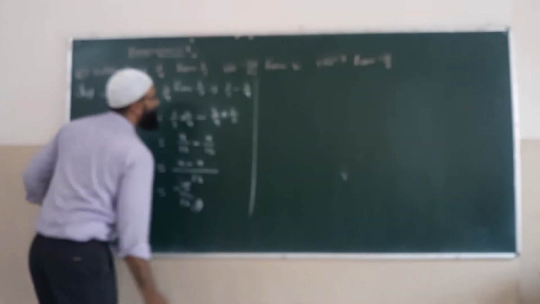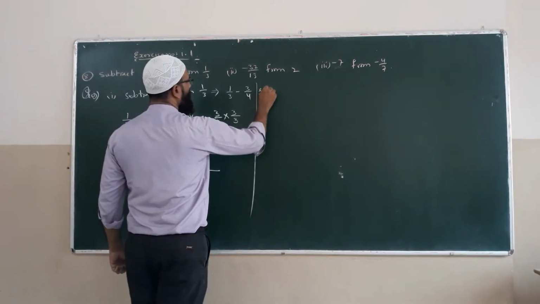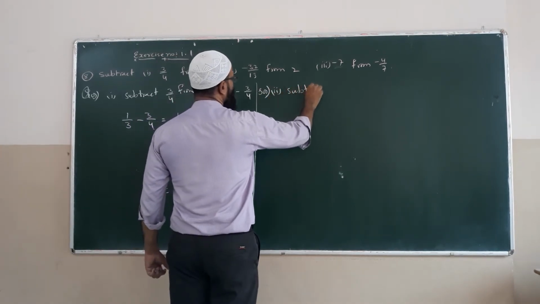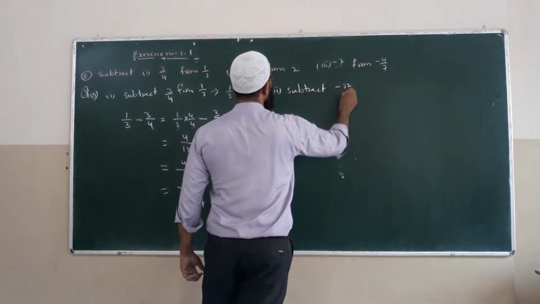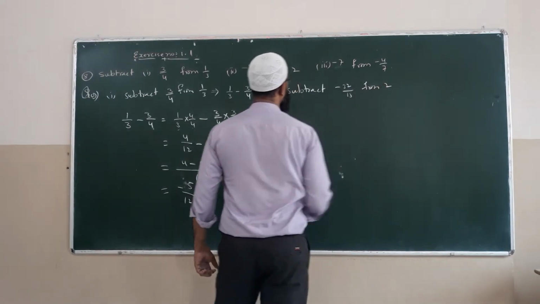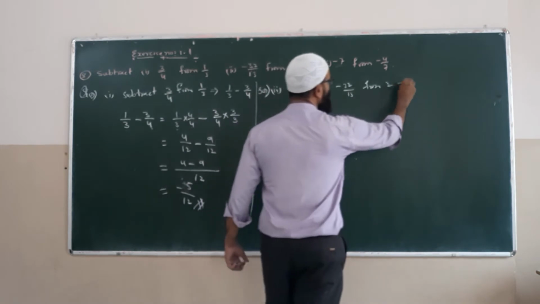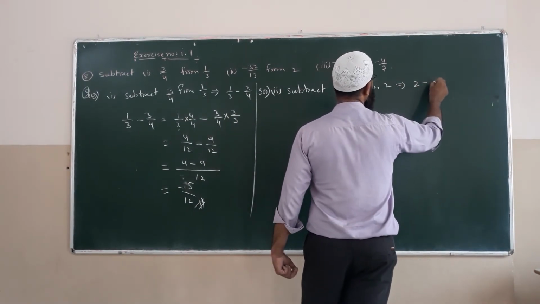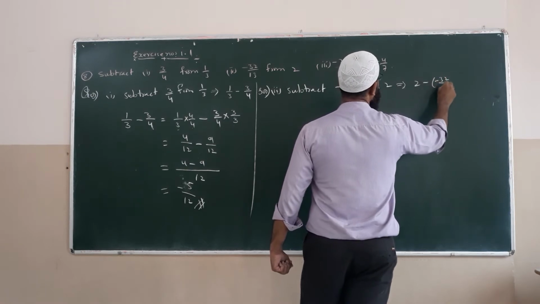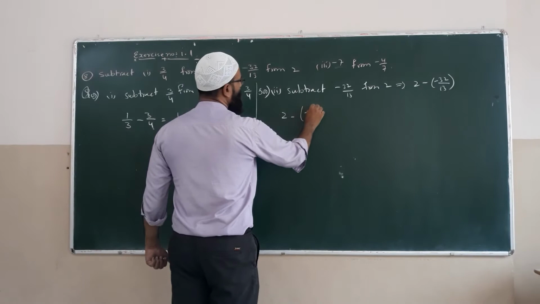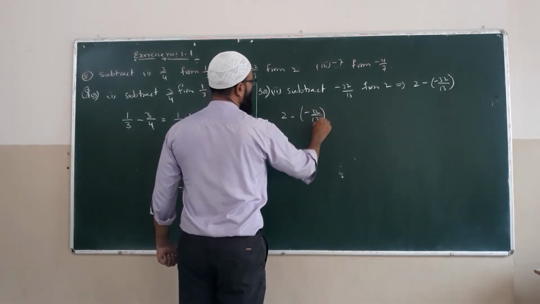Now second one. Subtract minus 32 by 13 from 2. It means 2 minus, minus 32 by 13.